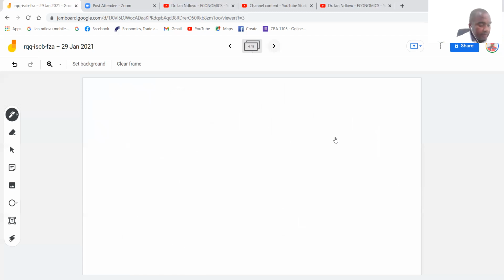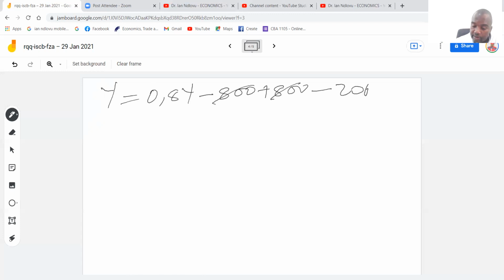And then Y is equal to 0.8Y minus 800 plus 800. It's 0, they cancel each other out, minus 20R and plus 1000.